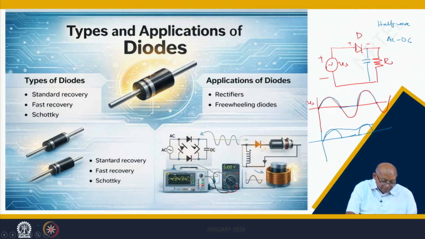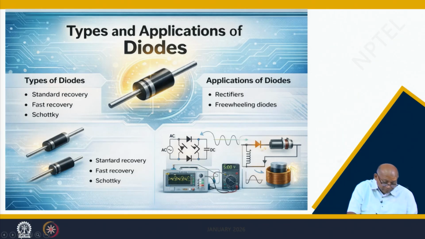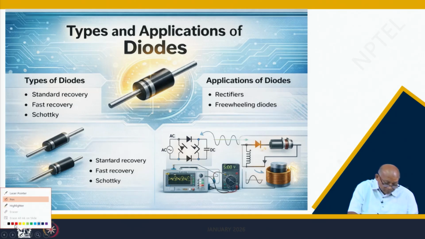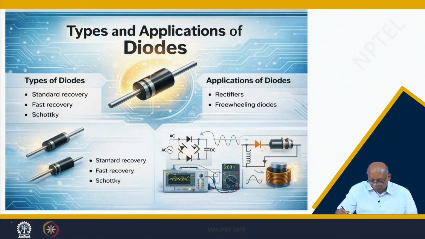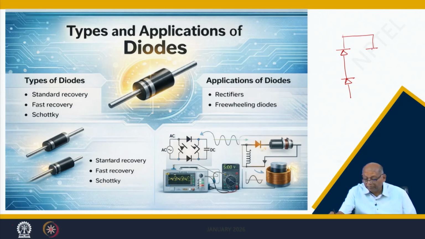So, what you can do is, let me draw it again here. Suppose I have a diode arrangement like this, and you have plus minus.